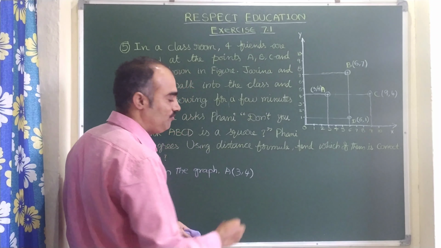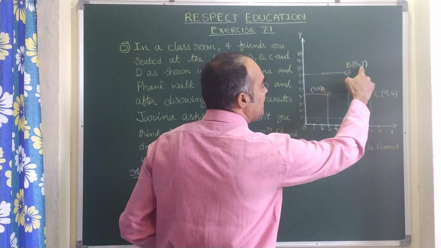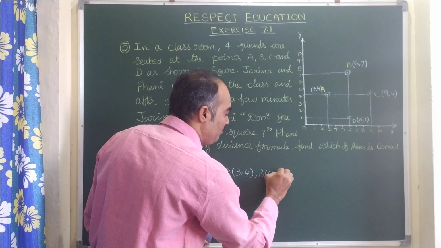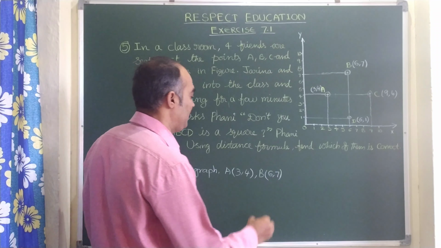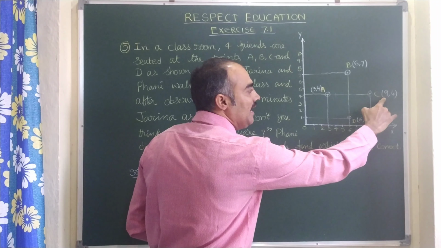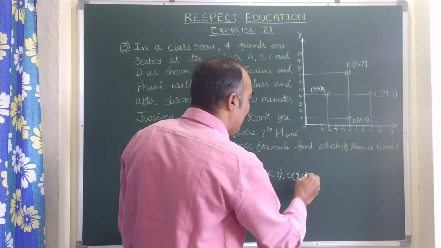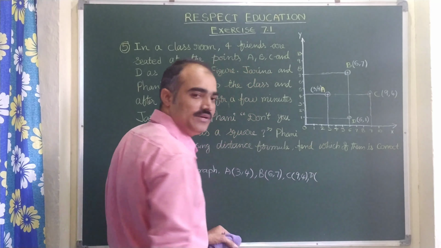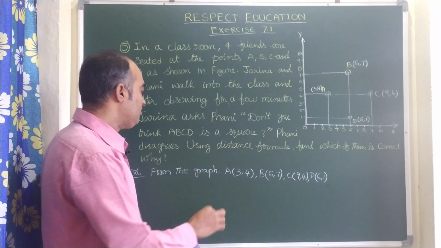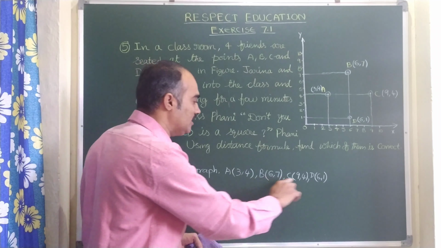Then B is (6, 7). Then C is (9, 4). And then D is (6, 1). First we need to pick up these values from the graph. Now we have these 4 values.